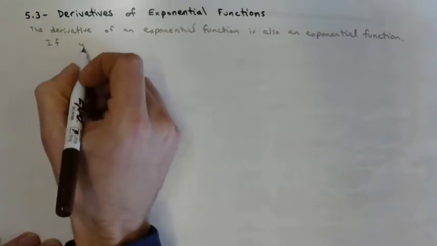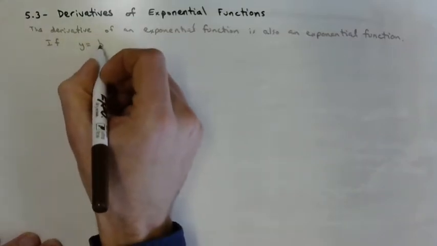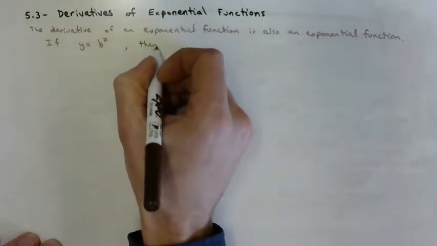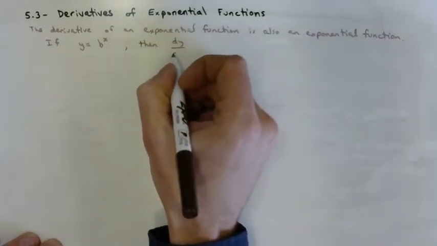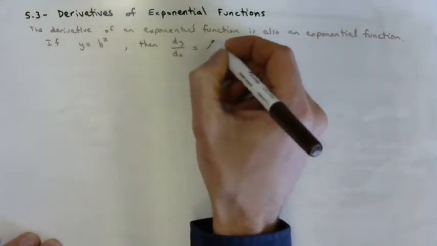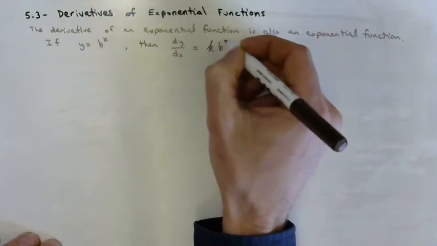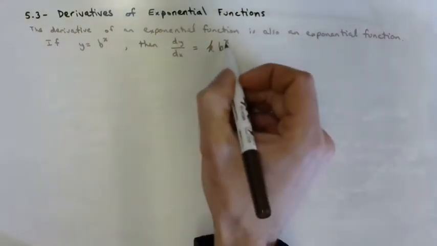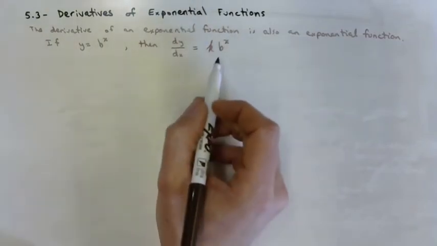It means that if y equals b to the power of x, then dy by dx, the derivative of that function, is a stretch or compression of that same function. Okay? We have discovered this, but we haven't written it this way.